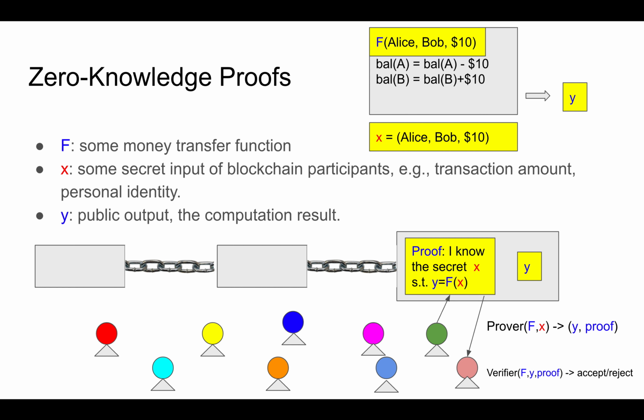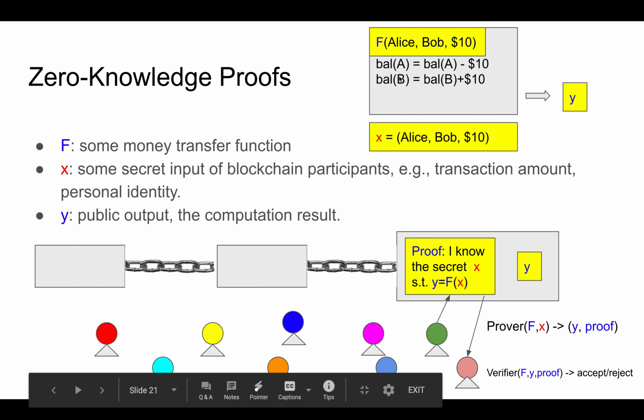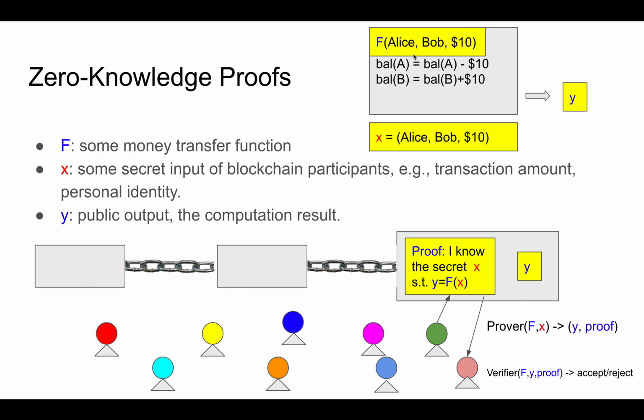Here is an example. The public function can be some money transfer function. This function is computing the balance of Alice and Bob in the money transfer process. Here, Alice spends $10 and sends this $10 to Bob on the blockchain.